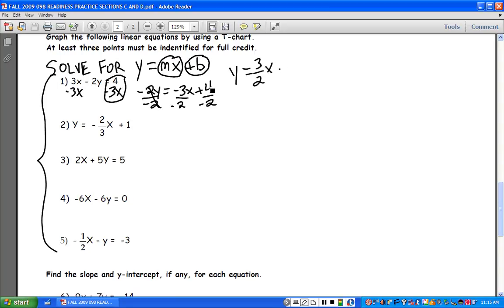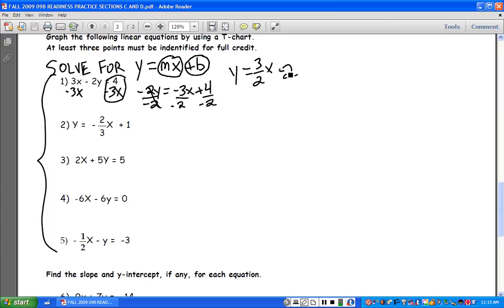And now we have 4 divided by a negative 2, which gives us a negative 2 for an answer. So now we have our format. y equals mx plus b, where m, which is 3 over 2, is referred to as slope, and this negative 2 is our b, which we refer to as our y-intercept, where the line would cross the y-axis. So we've solved for y.